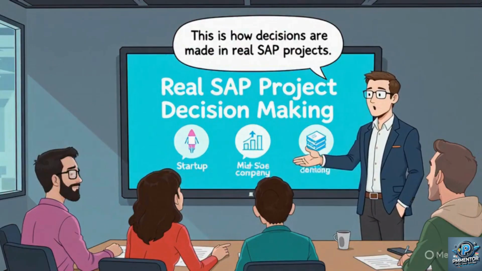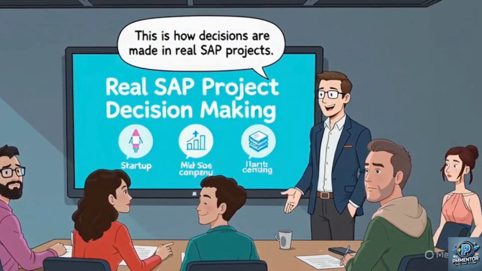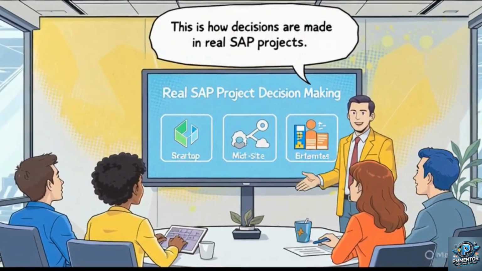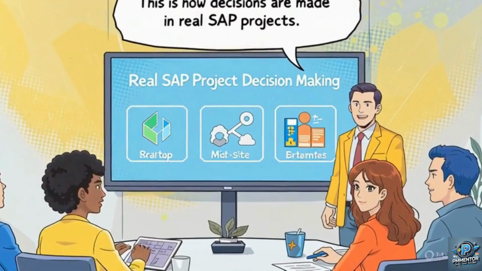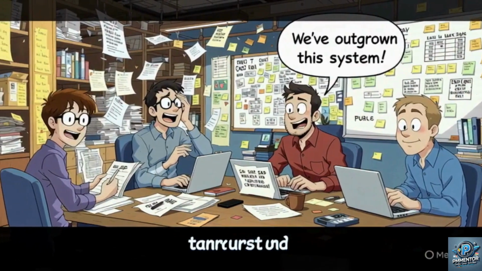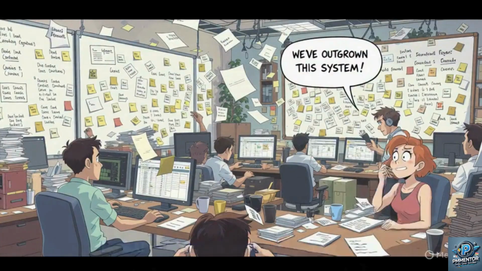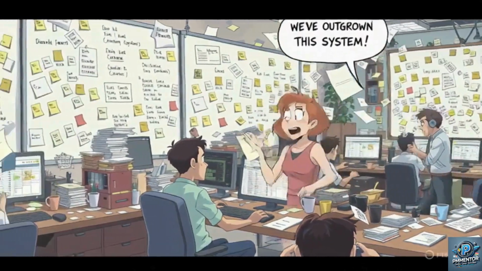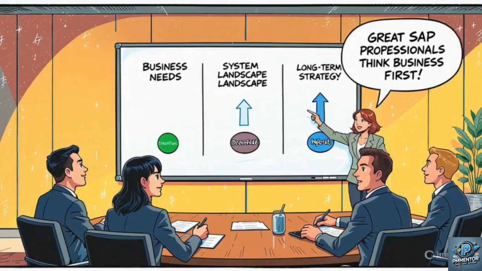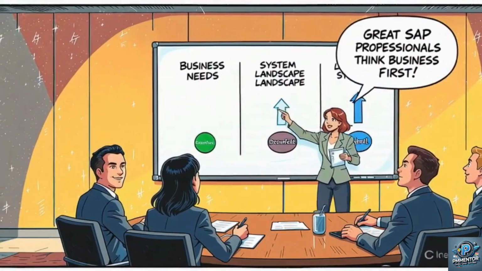Now, let's make this even more practical with real-world scenarios. Because this is exactly how decisions are taken in actual SAP projects. Imagine a startup company that is growing rapidly and wants to implement SAP for the first time. They are currently using Excel, manual processes, or a small ERP system.